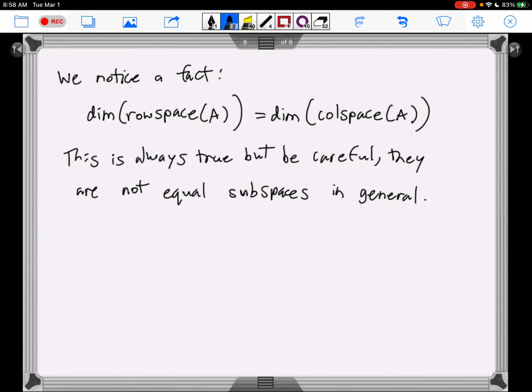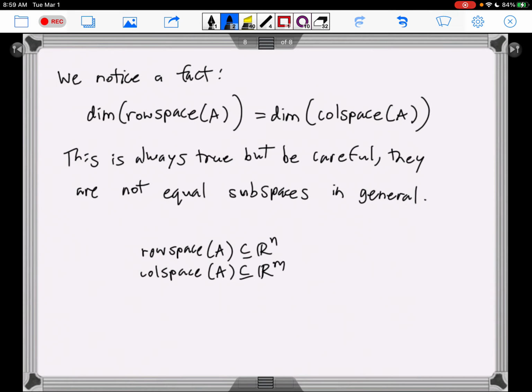They can't be equal subspaces because, of course, they're each subspaces of different vector spaces, right? We know that the row space of A, remember we talked about this earlier, right? The row space of A is a subspace of Rn. And the column space of A is a subspace of Rm.